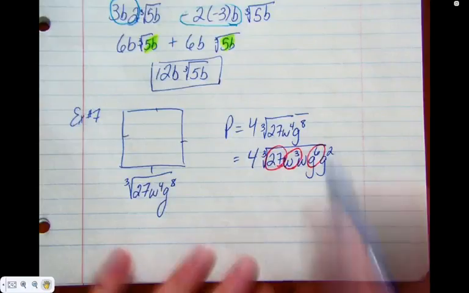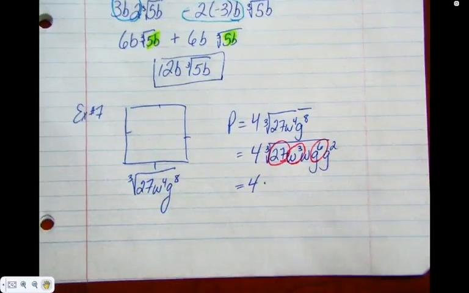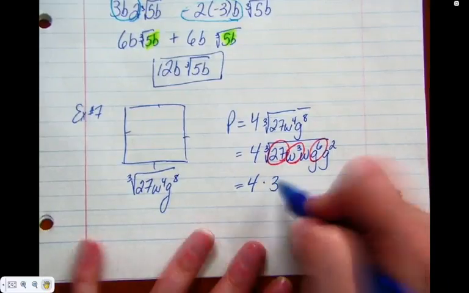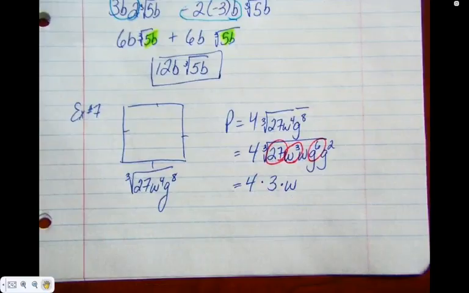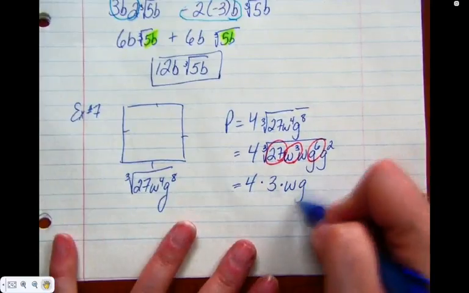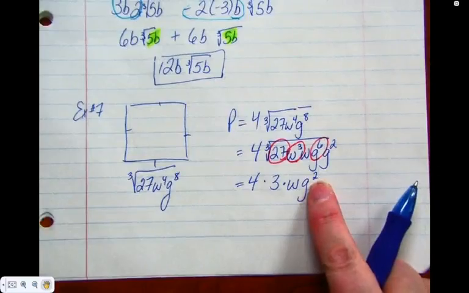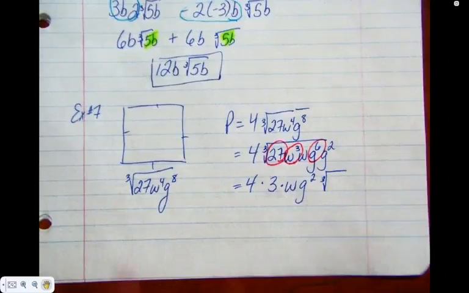So the 4 hangs around up front, not stressed about it yet. Cube root the 27. Cube root the w cubed. Cube root the g to the 6th. And again, if you want to make a note, the squared comes from 6 divided by 3. Leave the cube root and leave anything that we didn't circle or touch.